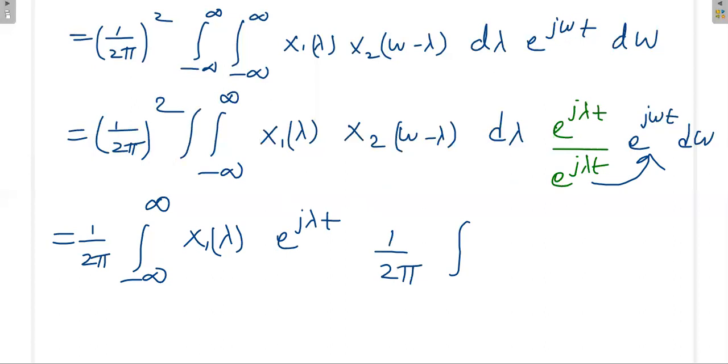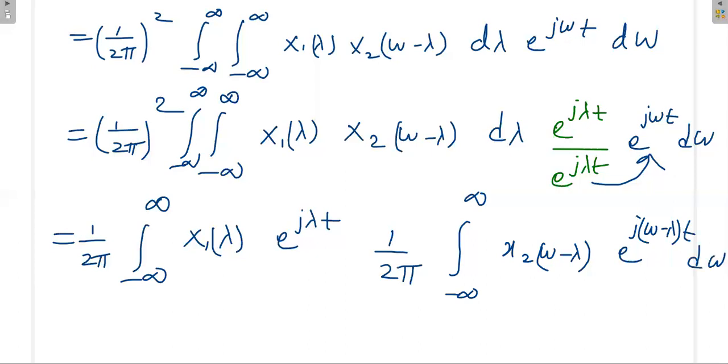So another integral I am writing here, minus infinity to plus infinite X2 of omega minus lambda e power j omega minus lambda t, d omega, d lambda.